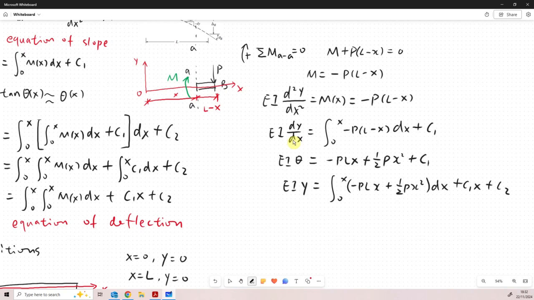If we evaluate this integration, which is quite straightforward, we get minus one half PL x squared plus one sixth P x cubed plus C1 x plus C2, and this is EI y.